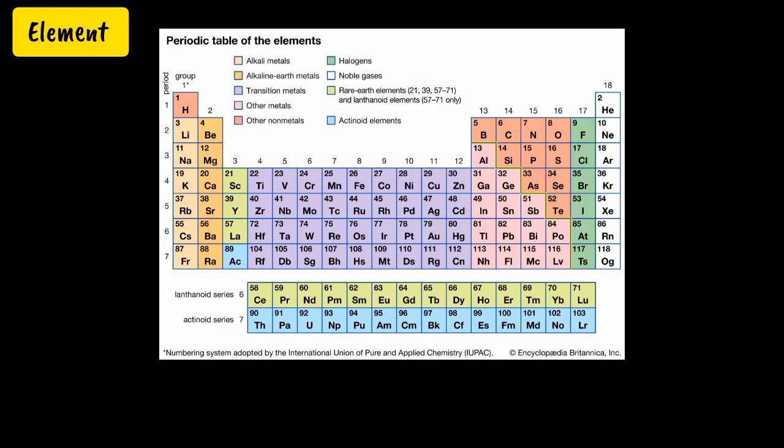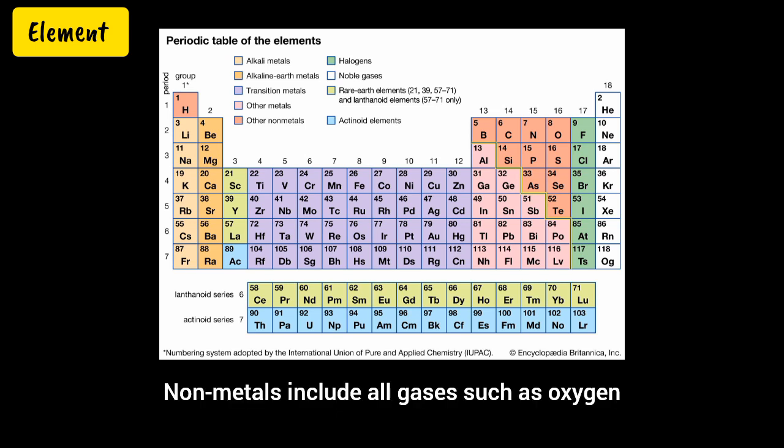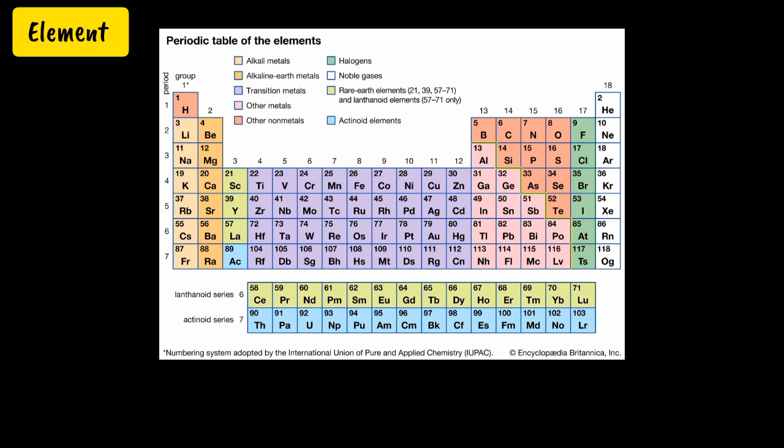On the periodic table, there are elements that are metals, non-metals and metalloids. Metalloids are substances that have some metallic properties. Non-metals include all gases such as oxygen, hydrogen, helium, and also solids such as carbon, and the liquid bromine.